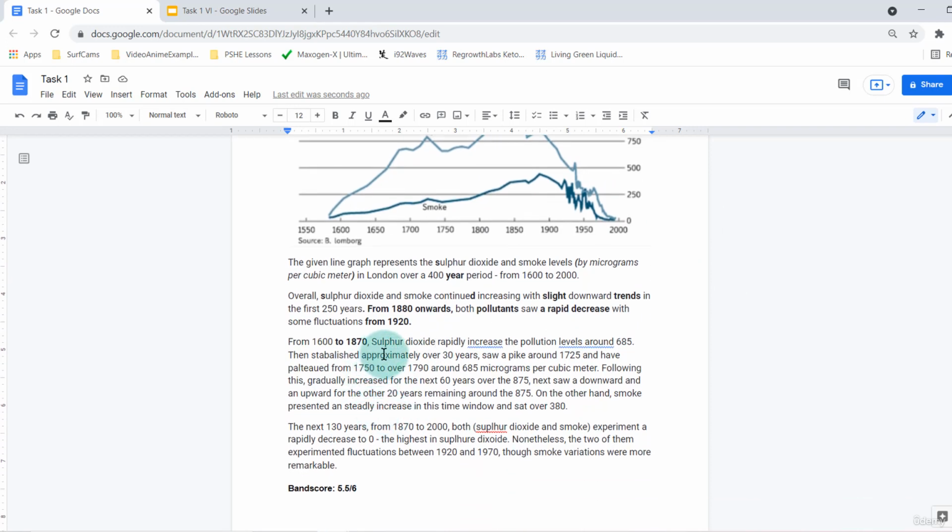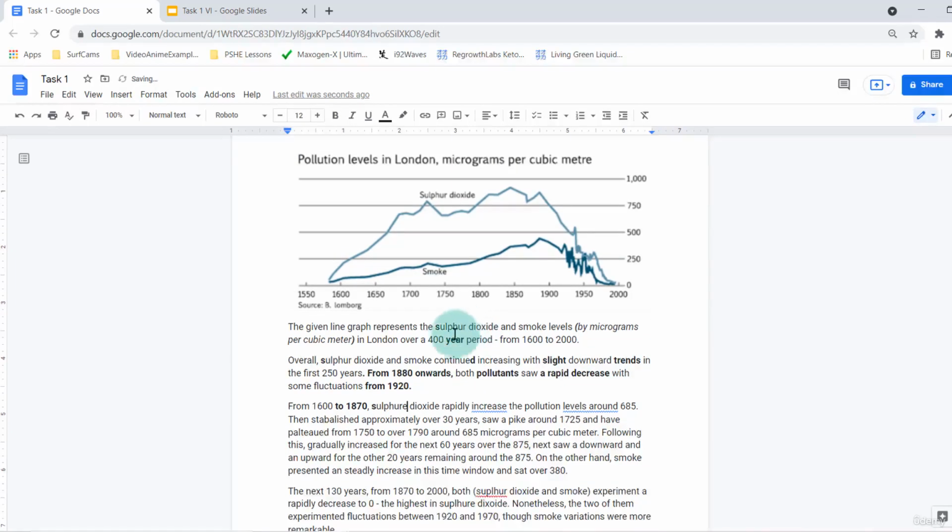From 1600 to 1870, sulfur dioxide. So we've got this. Oh, sorry, I'm spelling it wrong now. Sulfur dioxide rapidly increased. So we can see that Google's even pointing these things out again. Sulfur dioxide rapidly increased the pollution levels to, let's say, around 685 micrograms.